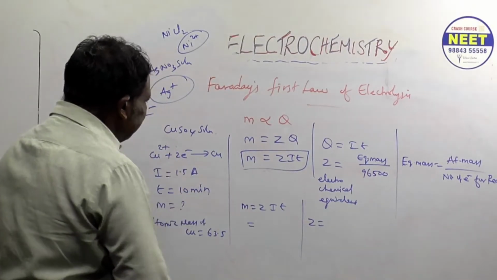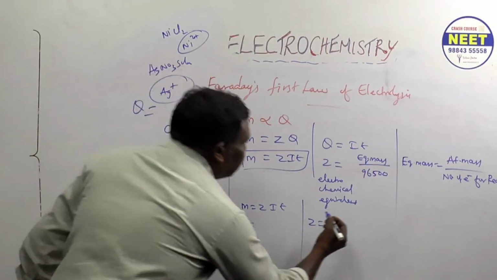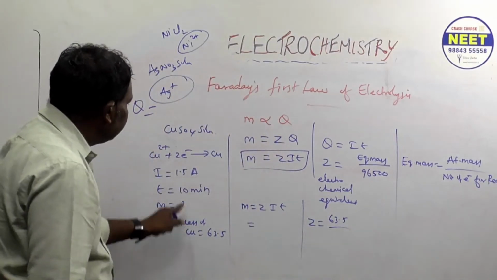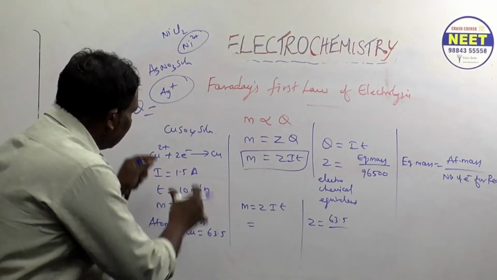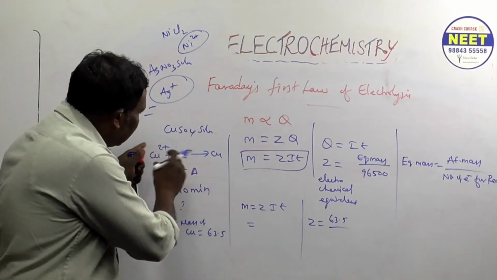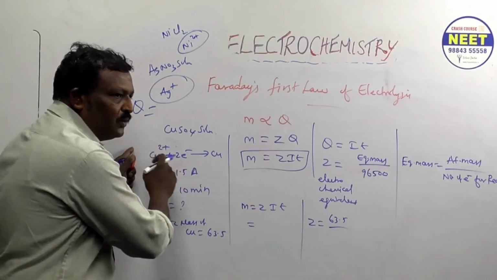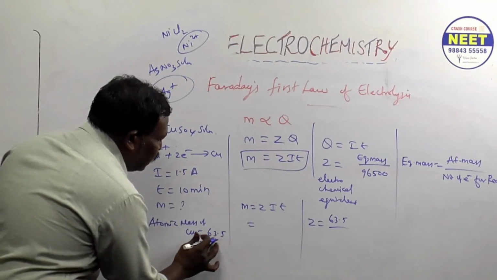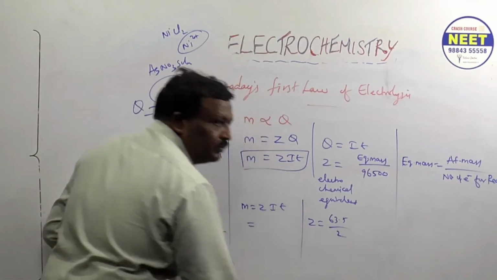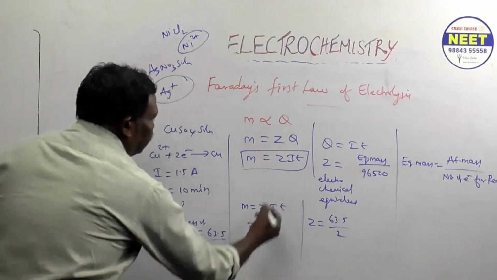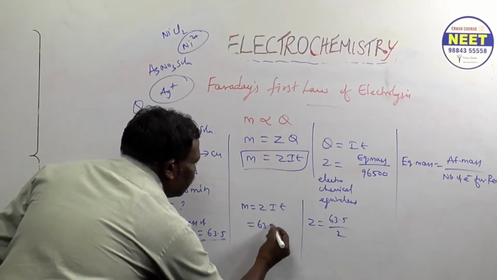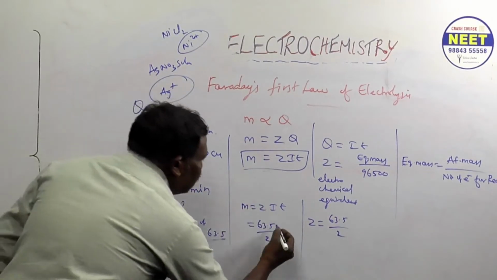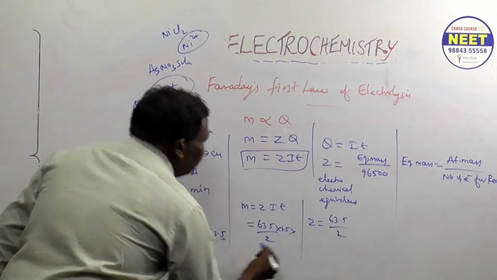So, atomic mass by 2. Actually, in copper sulfate, copper is in the form of Cu 2 plus, taking 2 electrons. So how many electrons for reduction? 2. Okay, that 2 goes here. Now I is 1.5.